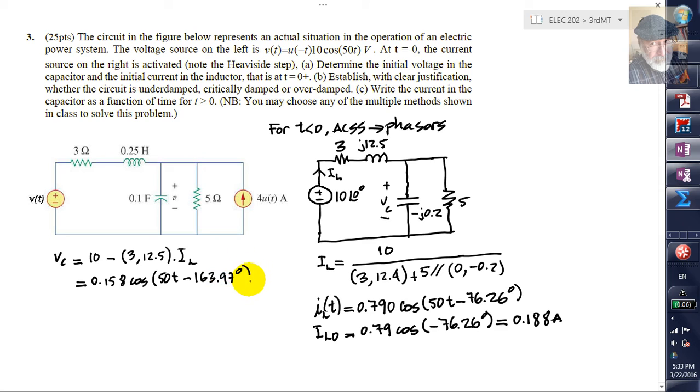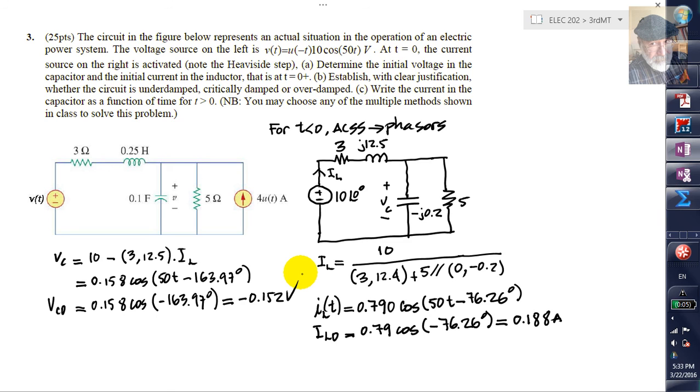And that is the function of time that I will evaluate at t equals 0 to find Vc0, the initial voltage in the capacitor. And that is the initial voltage in the capacitor.